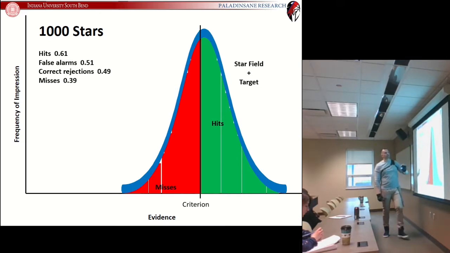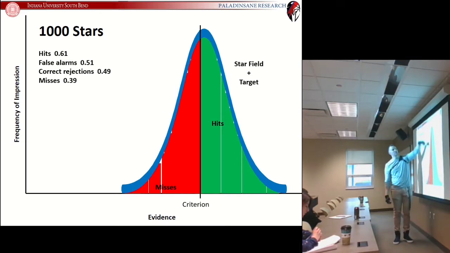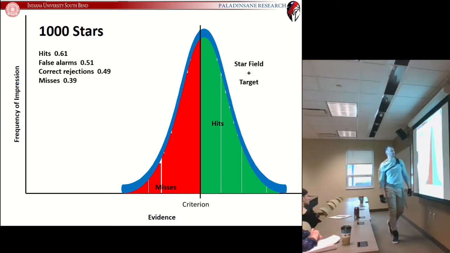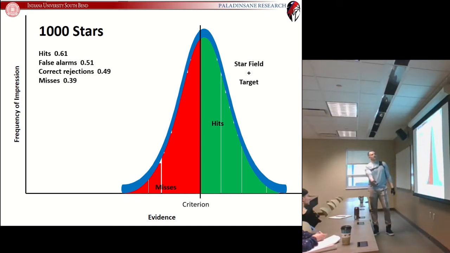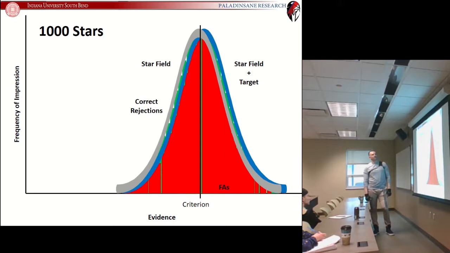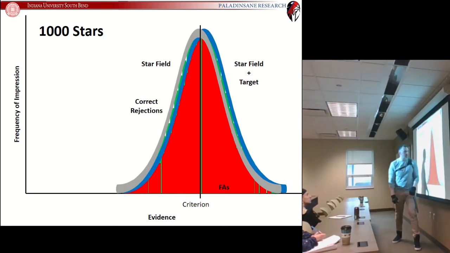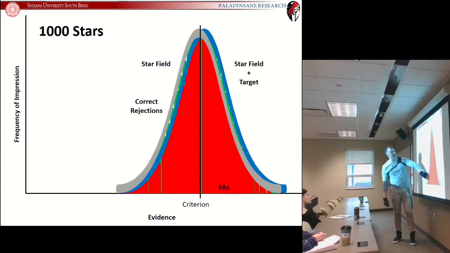So we have to put this star field distribution, this noise distribution, somewhere so that half of it is above this criterion, half of it is below that criterion. Basically, that's the only place that you can put it where we now have half false alarms. These are the half misses. This little sliver of green that you can see here, that's half correct rejections.